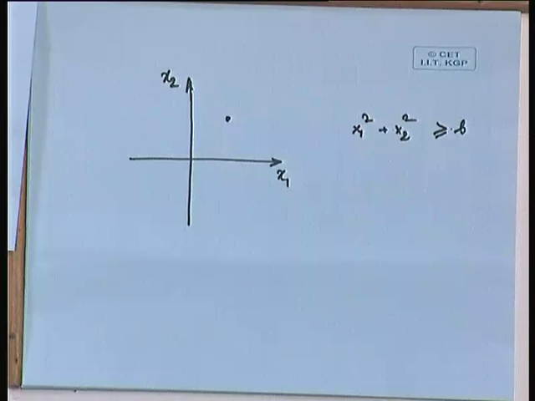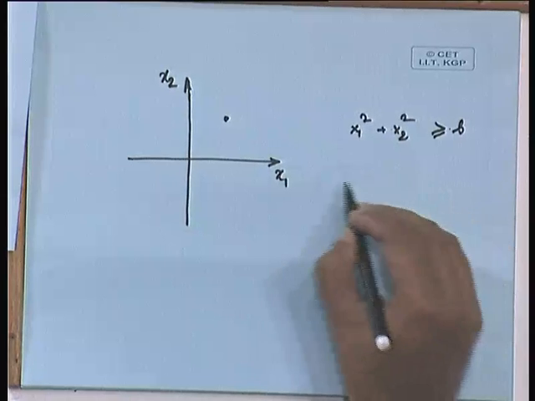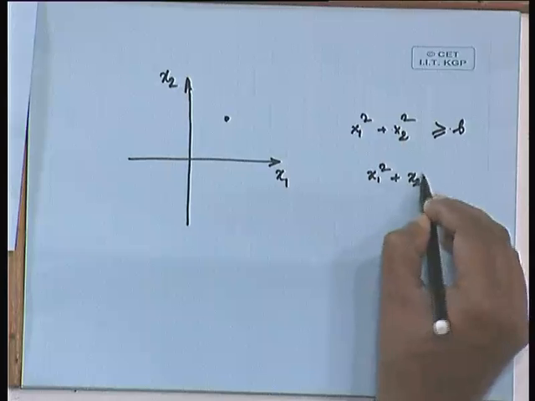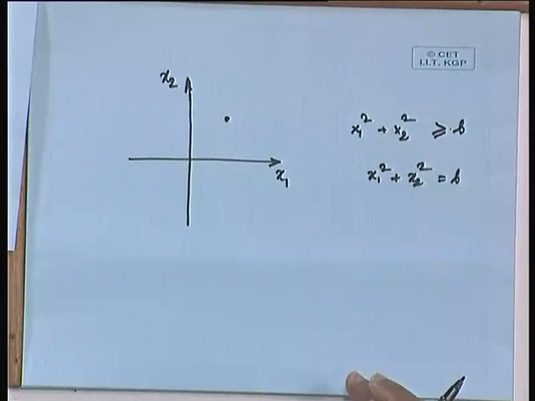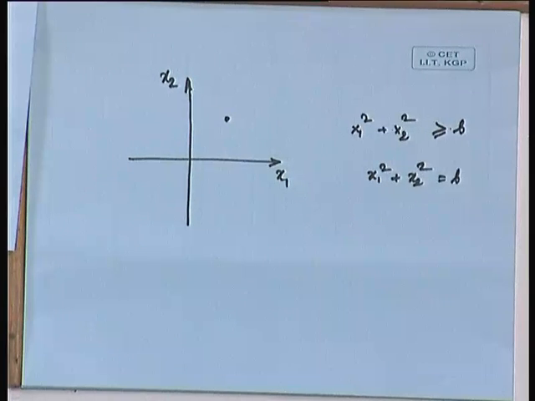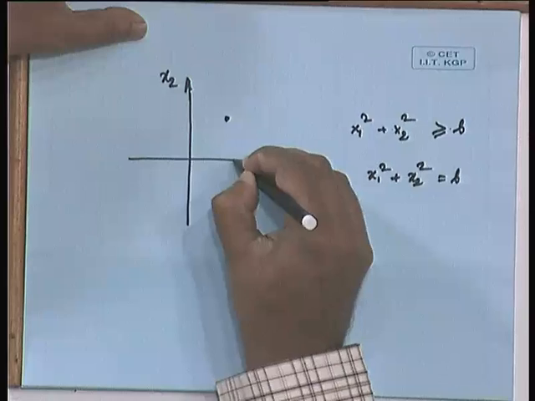Now, when you take the limiting case, that is the boundary of the decision, then the boundary will be x1 square plus x2 square equal to b, and this is nothing but the equation of a circle in the x1 x2 space, all right. So, here the decision function that we are getting is something like this.